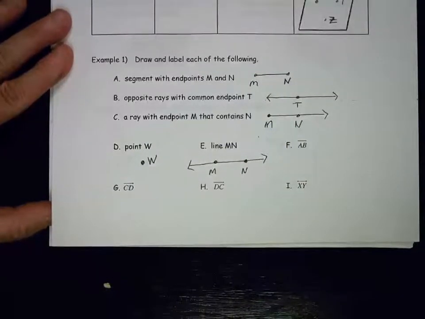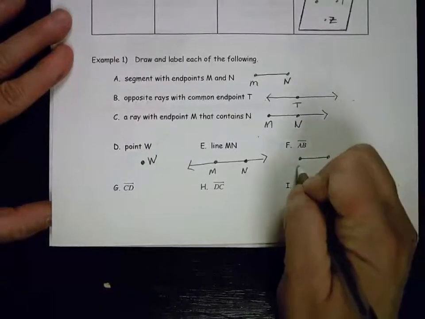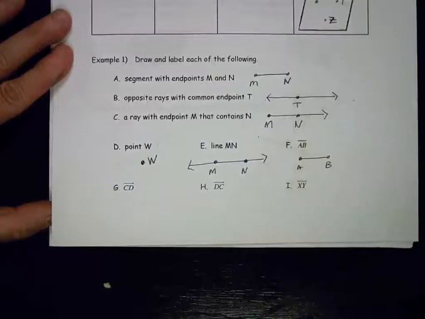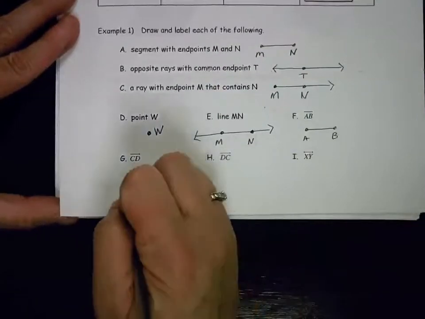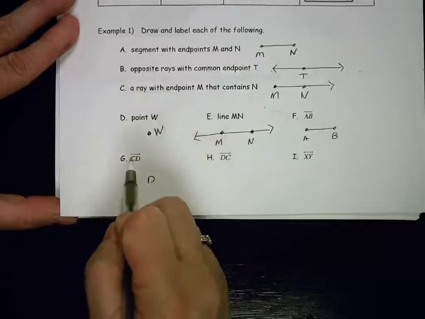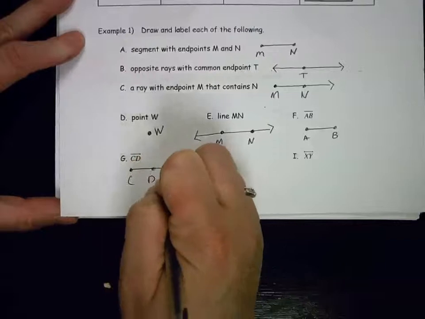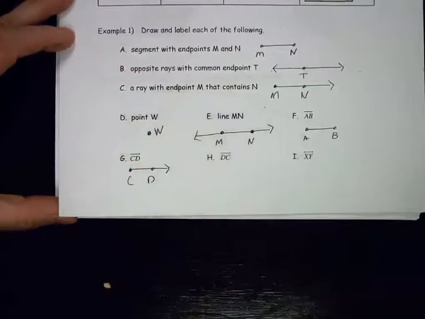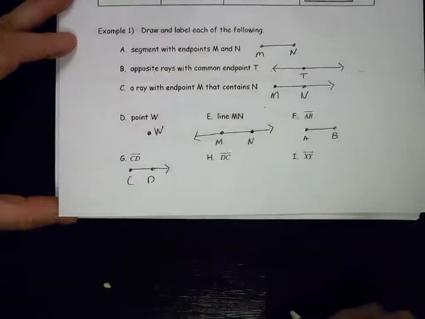Letter F is the segment AB, so we need to have 2 endpoints, A and B. Letter G, we want the ray CD. Notice the endpoint is above the C, and it goes through the point D. H, take a minute and draw that on your own.